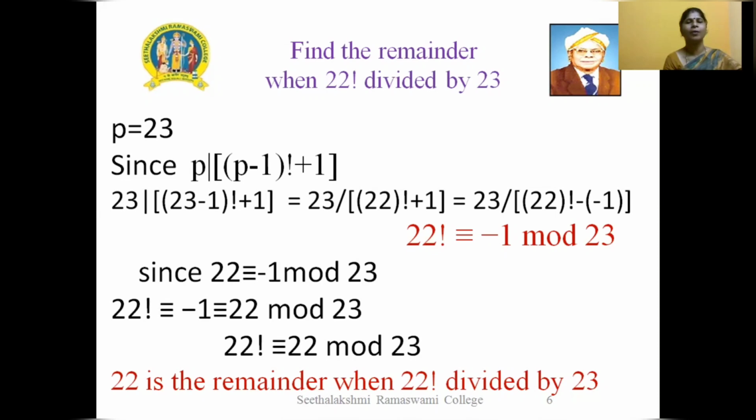From the previous congruence relation, 22 factorial congruent to minus 1, and minus 1 congruent to 22 modulo 23. By using the symmetric property and transitivity property, 22 factorial congruent to 22 modulo 23. Therefore, 22 is the remainder when 22 factorial is divided by 23.